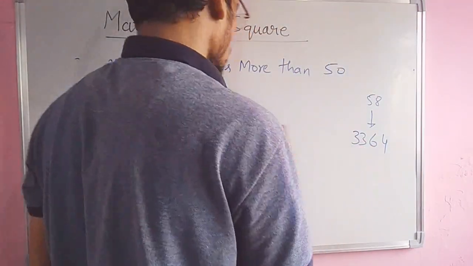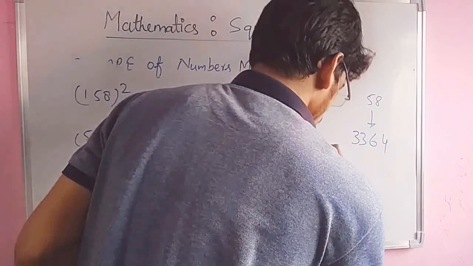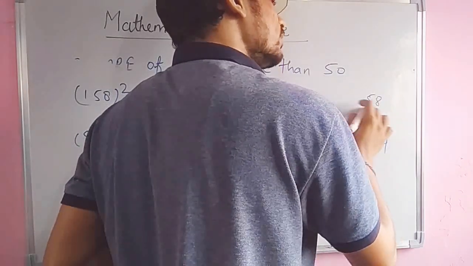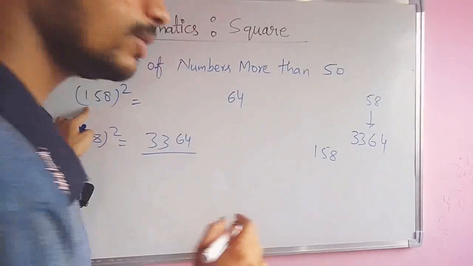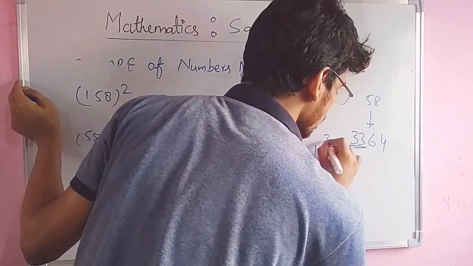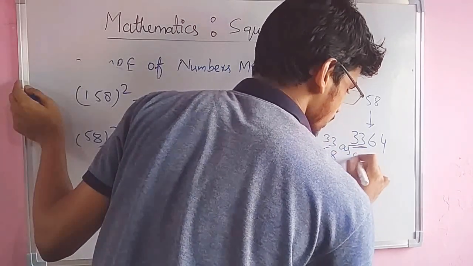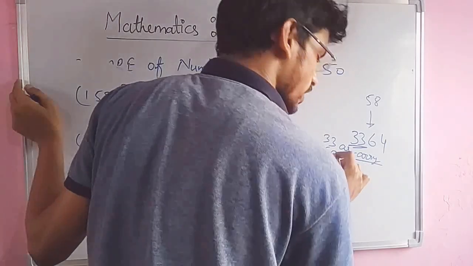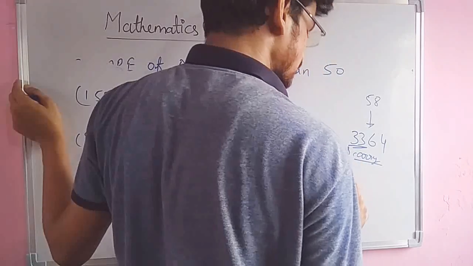Now note down the two values, 64. Next, add the extra value that is above 100 to the given integer value, that is 158. Here 33 is added as a carry. 8 plus 8 is 16, plus 3 is 19.